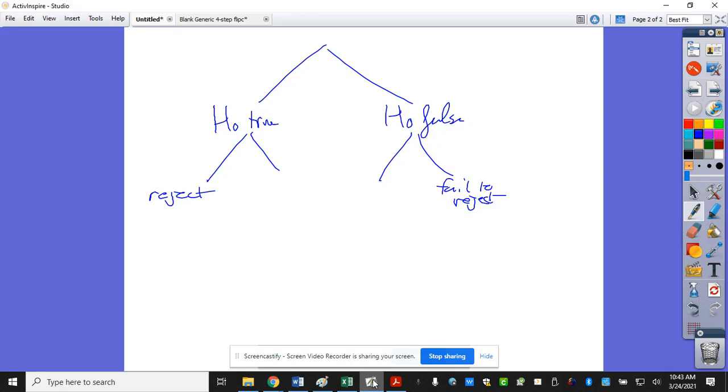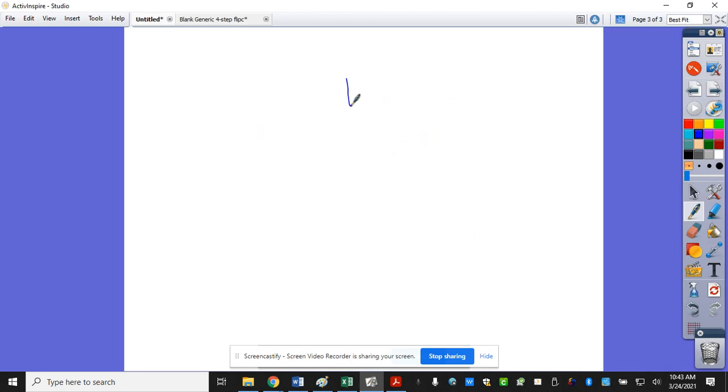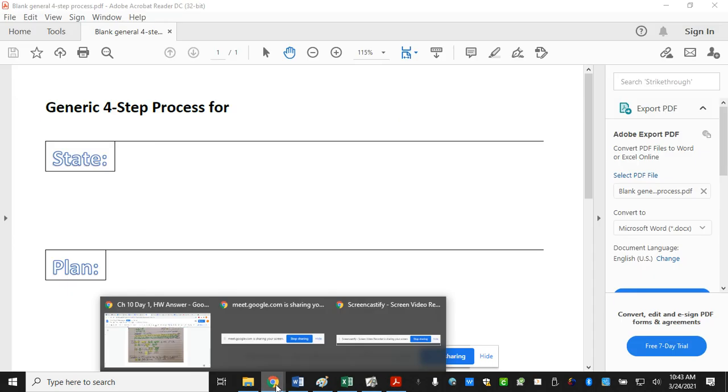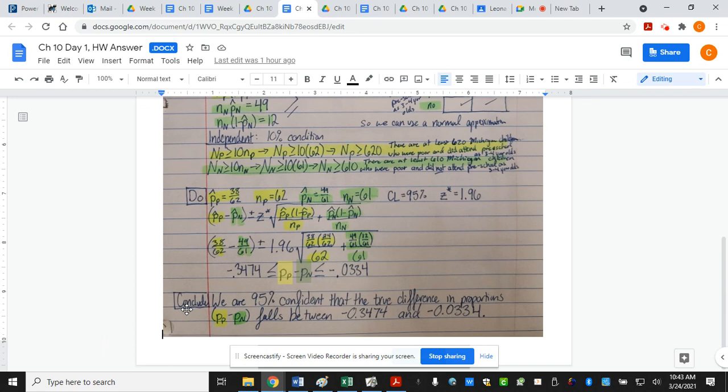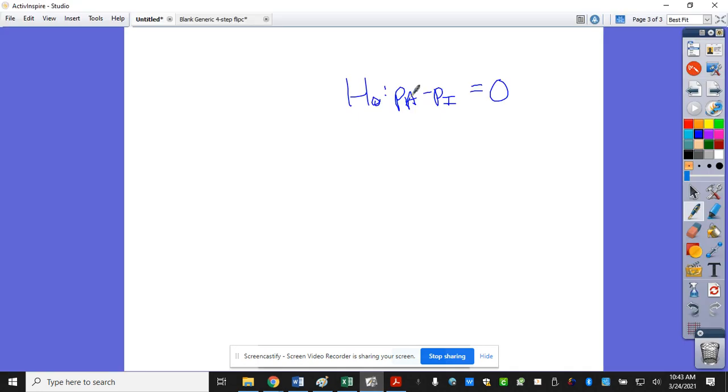So what do I mean by they're different? The null hypothesis would be that PA minus PI what? And I think I'm using different symbols, but whatever it is there. This one's P and PN. And this would be what?